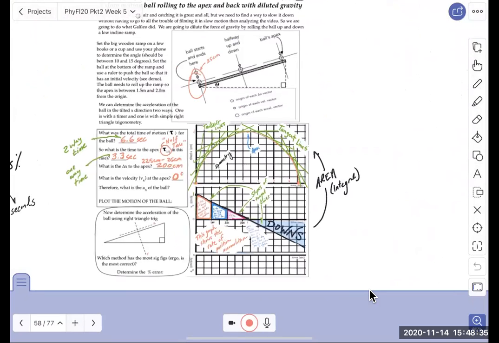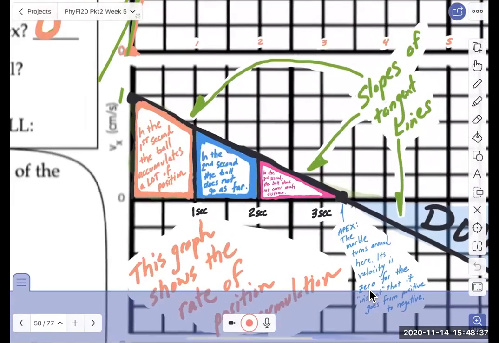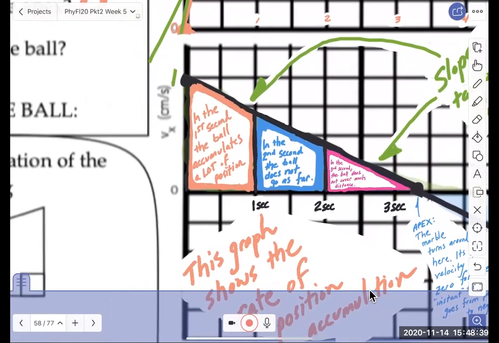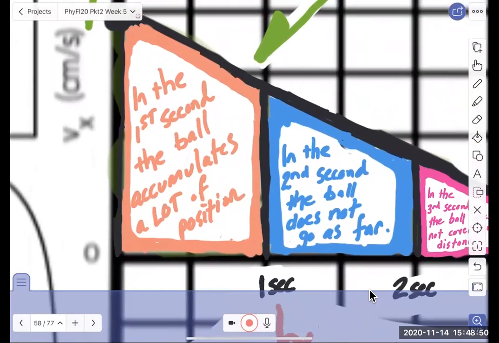I want to go back and look at this idea of diminishing returns. In the first second, the orange area is how much of the incline the ball accumulated, how far up it got in the first second.